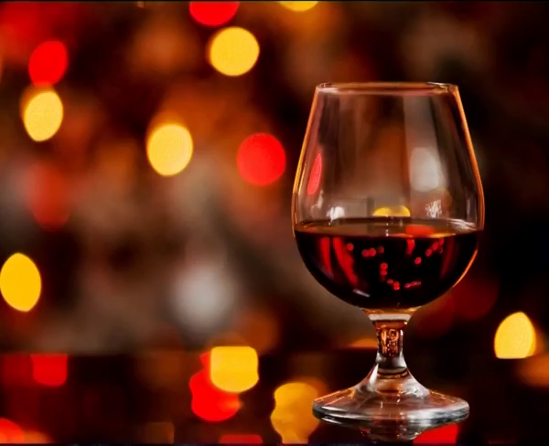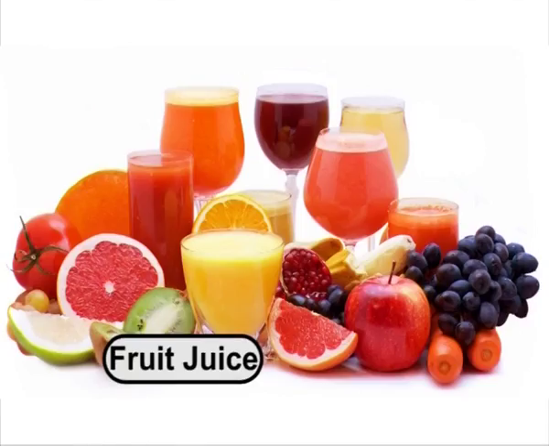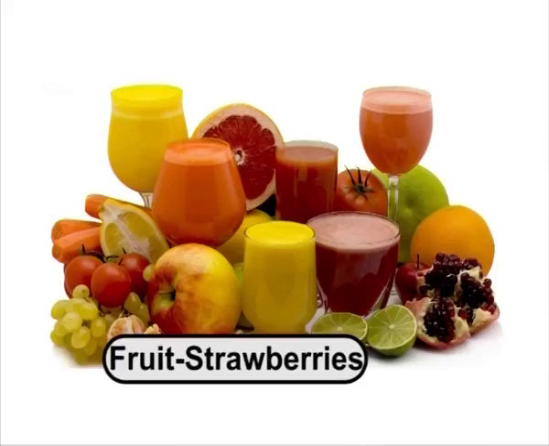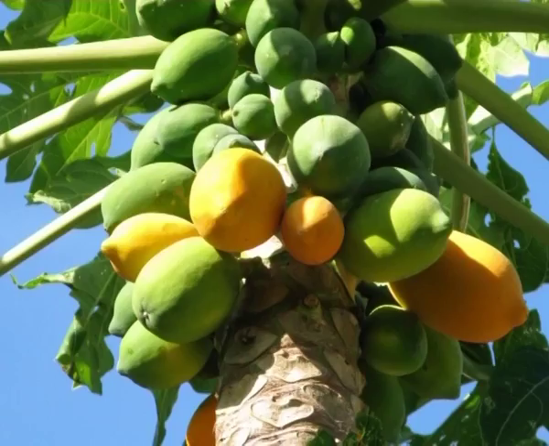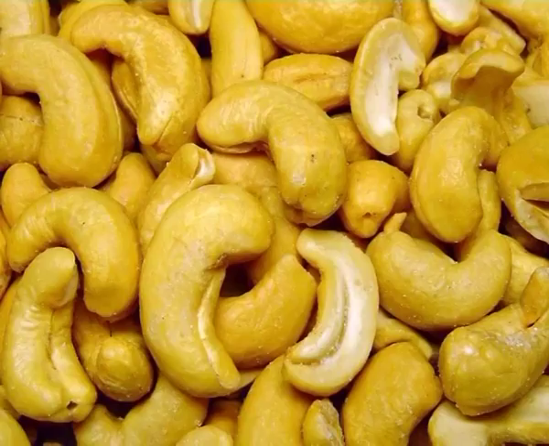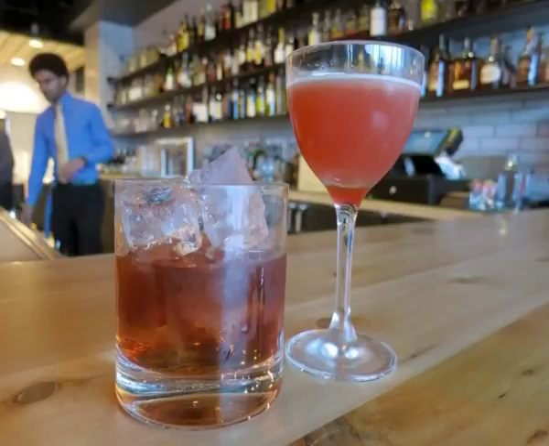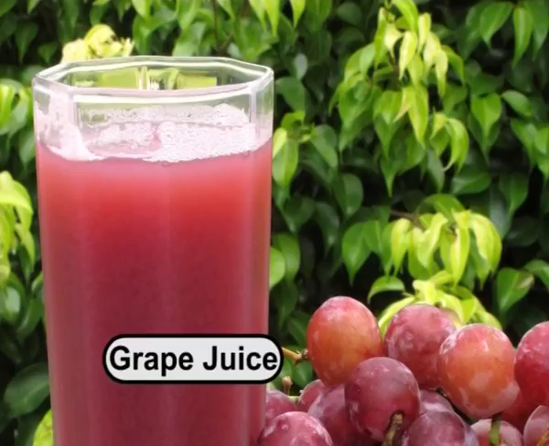Coming to the last part, that is brandy. Brandy is a distillate of fermented fruit juice. Thus, brandy can be produced from any fruit such as strawberries, papaw or cashew. However, when it is unqualified, the word brandy refers to the distillation from fermented grape juice.